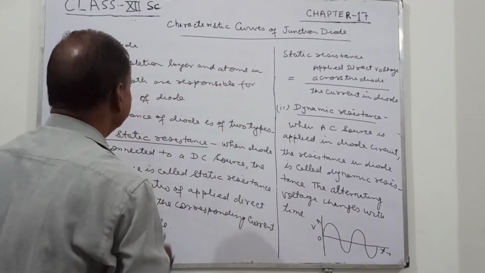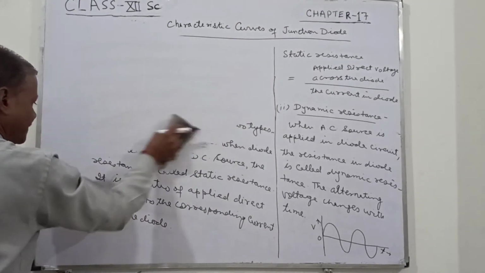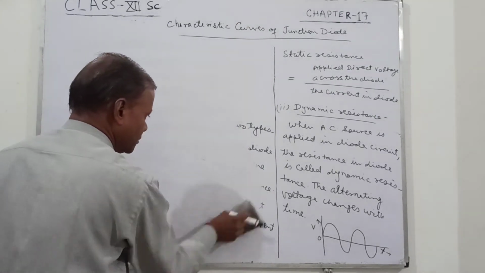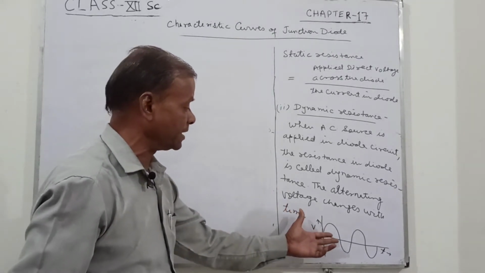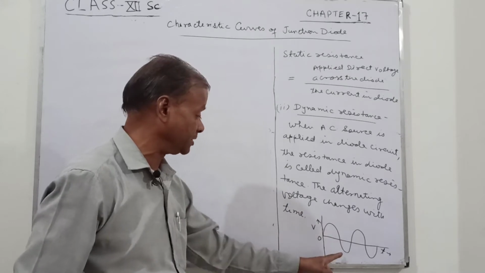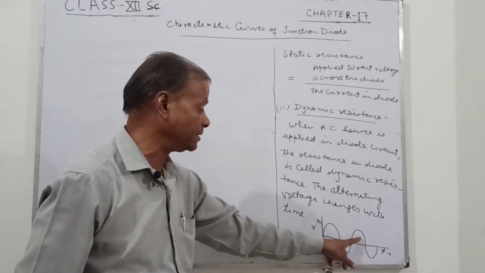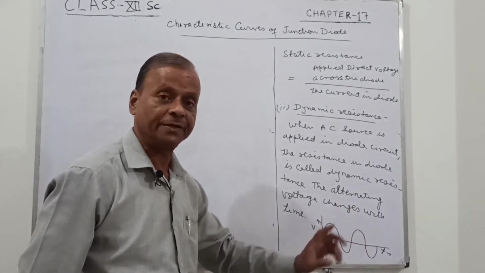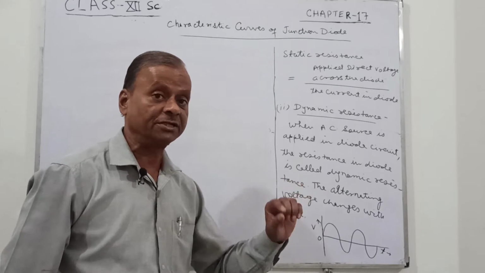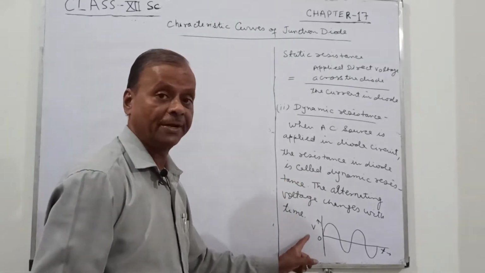So what will happen? If suppose diode in the positive half cycle is in forward bias, then for the negative half cycle it will be in reverse bias, and then again forward, and then reverse. It means that the biasing of the diode changes with time according to this applied voltage.